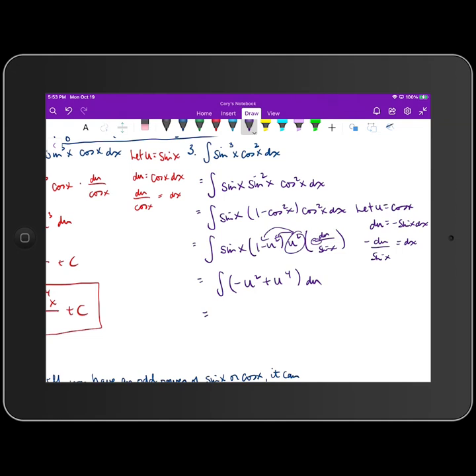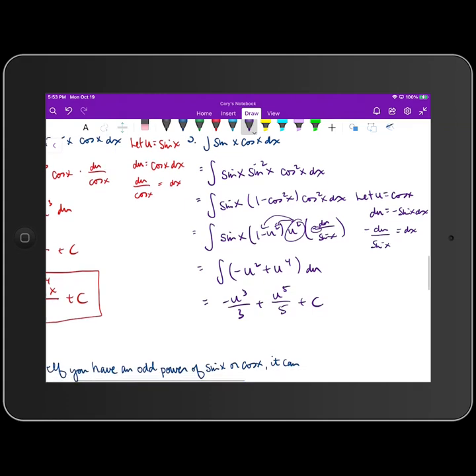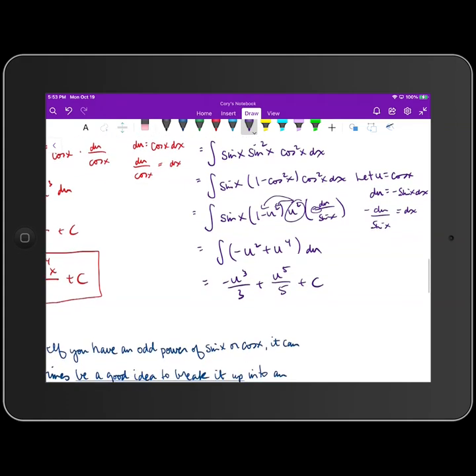So the integral of negative u squared is negative u cubed over 3, plus the integral of u to the 4th power is u to the 5th power over 5, plus the constant c. And then the last thing for us to do here is to replace u with cosine.